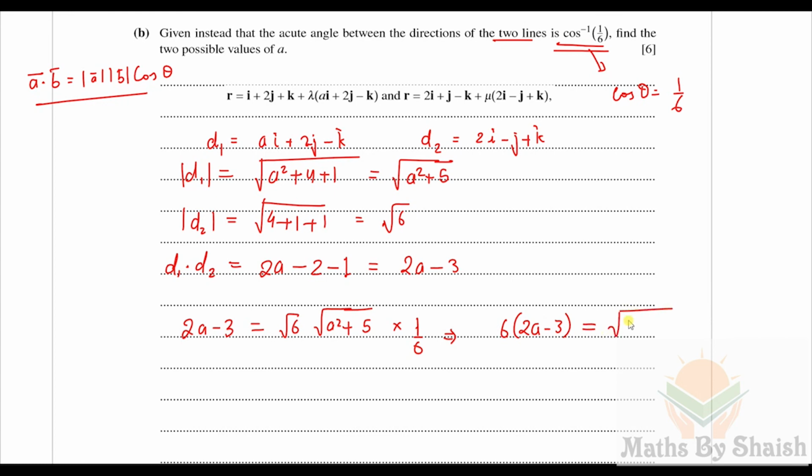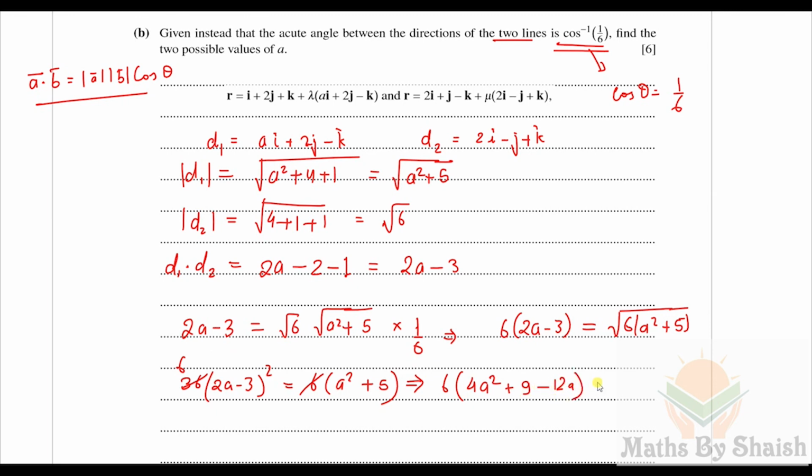Now squaring both sides, we will get 36 times (2a minus 3) whole square is equal to 6 times (a square plus 5), removing the square root. Now we will simplify, it is going to be 6 times (4a square plus 9 minus 12a) is equal to a square plus 5.